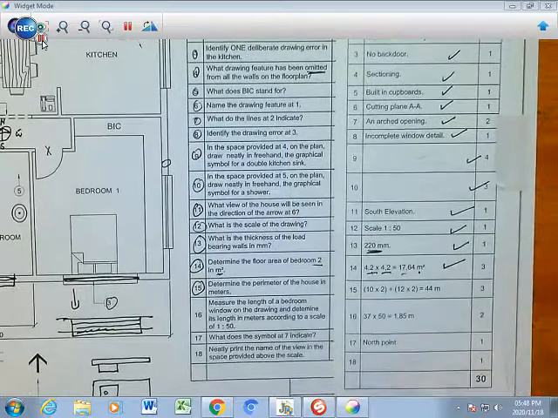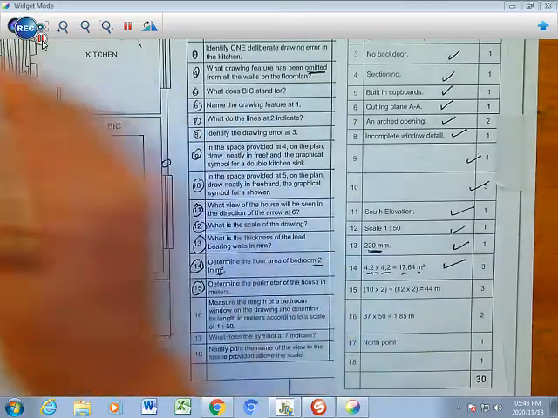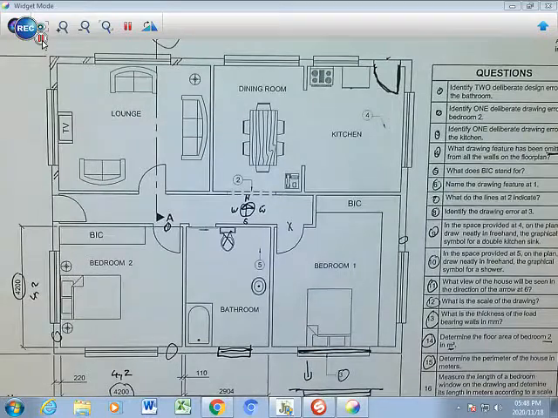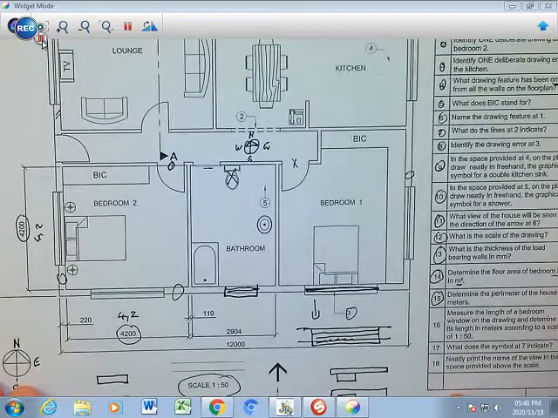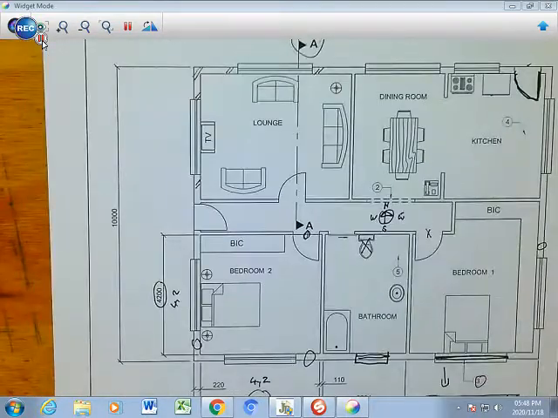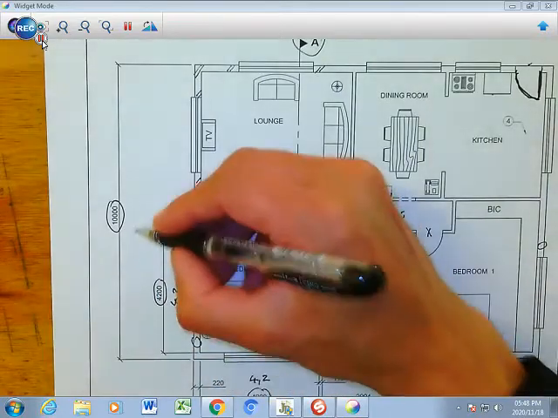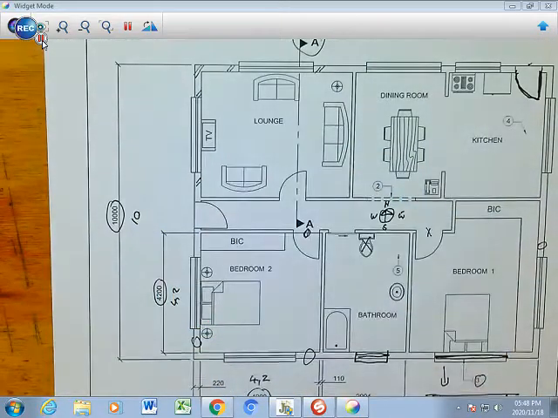15, determine the perimeter of the house in meters. Okay, the perimeter is right around the actual floor plan. So what you need is the 12 meters, which is the length, and you need the 10 meters, which is your width. So that would be 10 if you convert it, because you're taking the 3 zeros away.